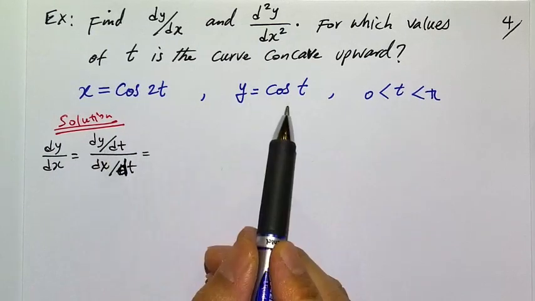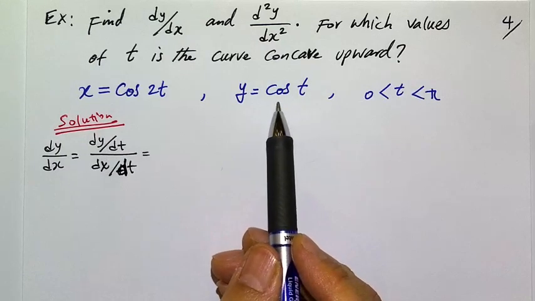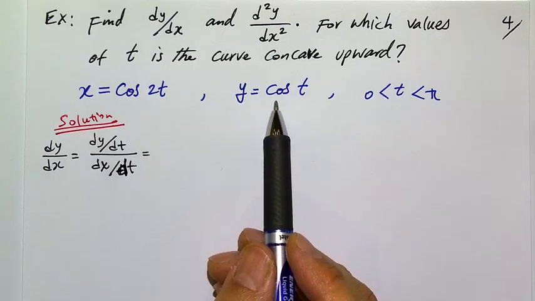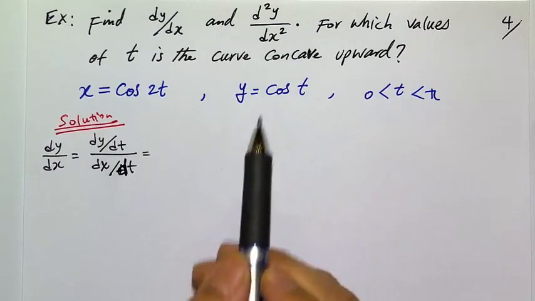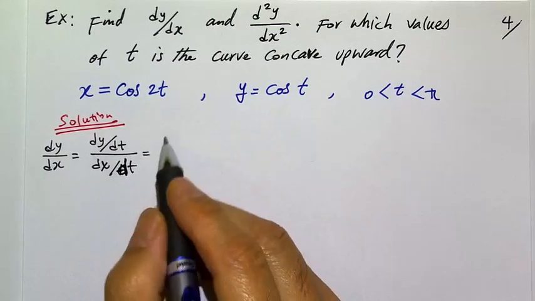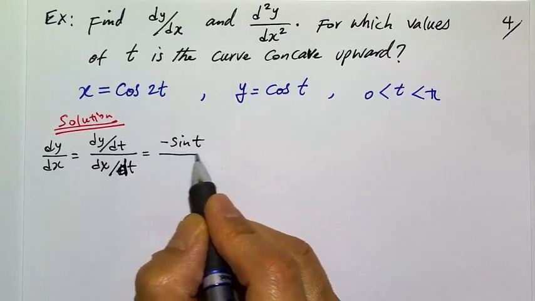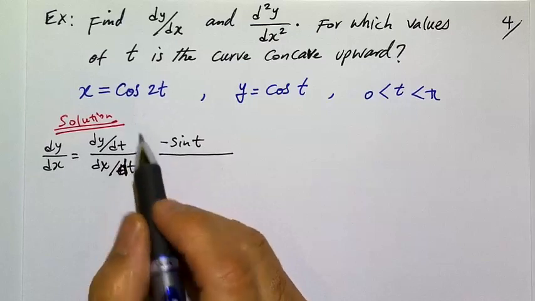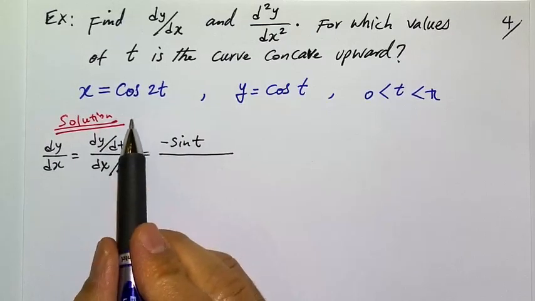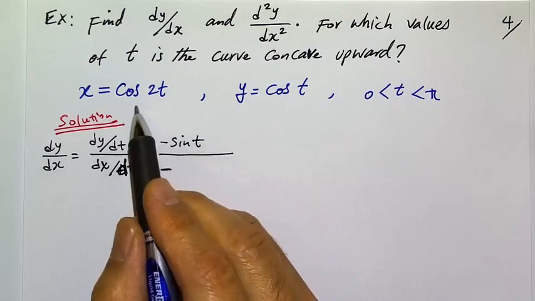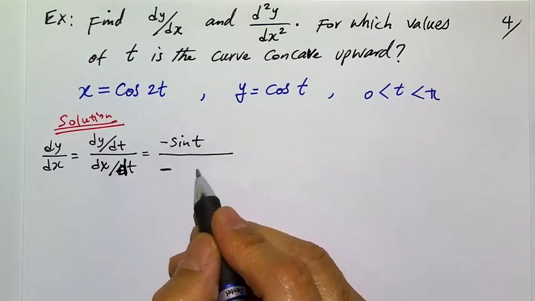For dy dt, we have minus sine of t as the derivative. So we have minus sine of t divided by dx dt, which is again minus sine of 2t, right?